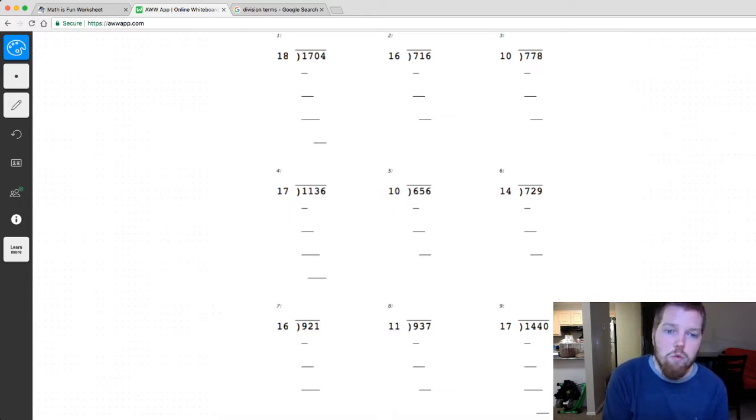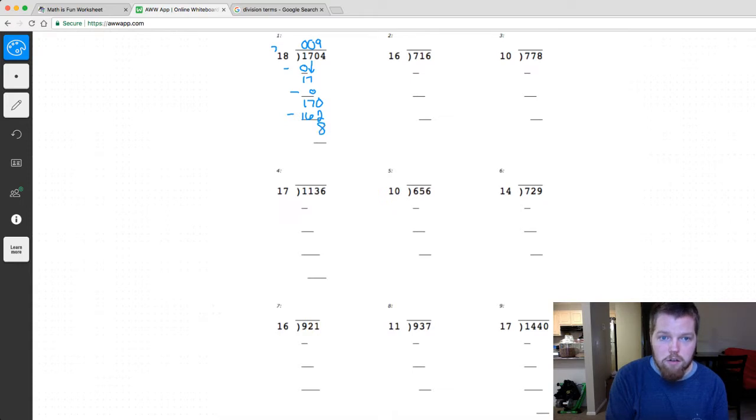Can 18 go into 1? No, it cannot. 0 times 18 is 0. We'll do the subtraction. 1 minus 0 is 1. Carry down the next number. It's 17. It still can't go into that. Subtract 17, and we'll carry down the next place value. How many times can 18 go into 170? That's going to be 9. 9 times 8 is 72. Carry the 7. 9 times 1 is 9, plus 7 is 16. We'll do the subtraction. Get 8 here.